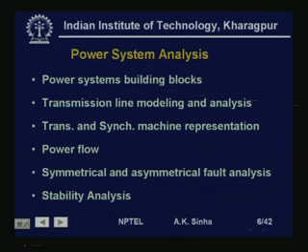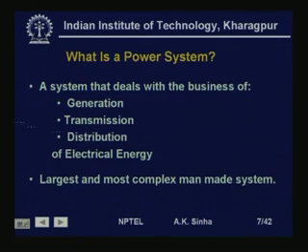We will start first with what a power system is, that is, we will try to provide an overview of the power system in this lesson. So, what is a power system? Well, a very broad definition of a power system is a system that deals with the business of generation, transmission and distribution of electrical energy.